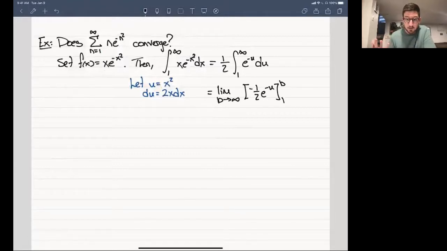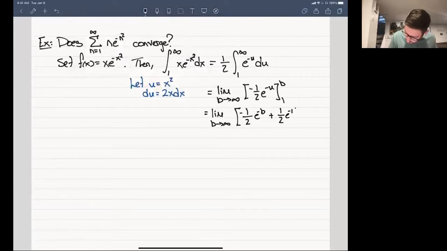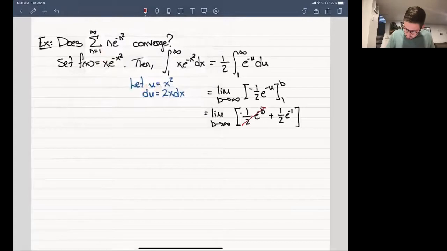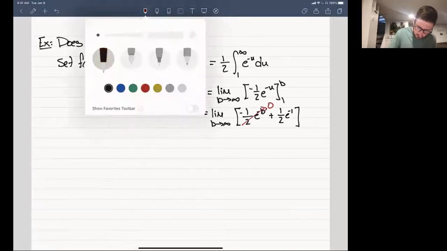It's a definite integral. And so this leaves me with the limit as b goes to infinity of minus 1/2 e to the minus b plus 1/2 e to the minus 1. Letting b go to infinity causes the first term to go to 0. So I'll just make a little notation of that like this.